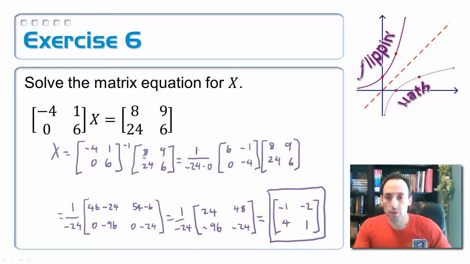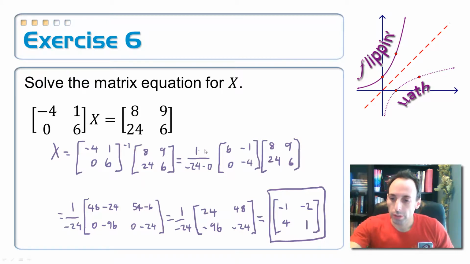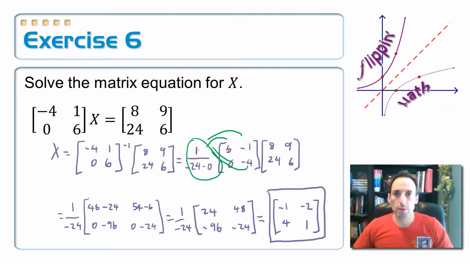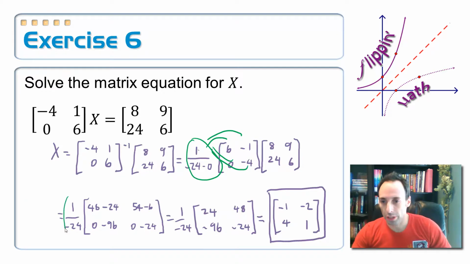Which means, looking at this step right here, I would be distributing that to everything inside the matrix, which would make some pretty scary looking fractions, which I would then have to multiply times the other matrix, [8, 9; 24, 6]. In order to make it easier on you, the scalar multiplication doesn't have to be done until the very end. And that's why I just kept carrying this 1 over negative 24 out front.